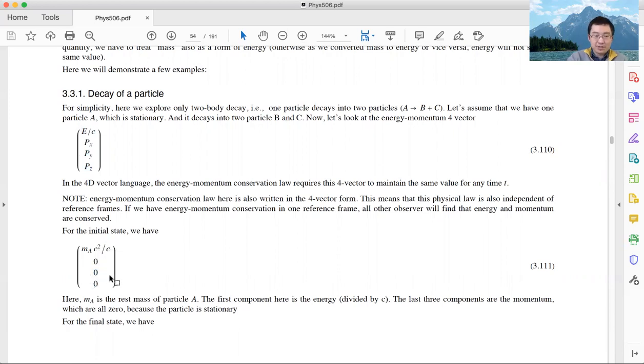So in this reference frame, it's very nice. The last 3 components of my energy-momentum vector are just 0. The first component is energy divided by the speed of light.